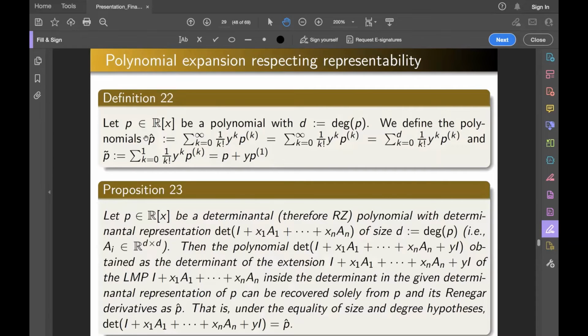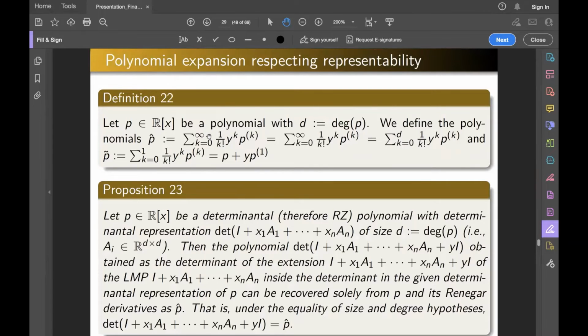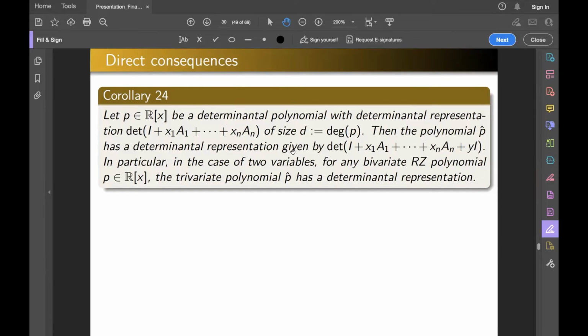So we have the following: if a polynomial p has a determinantal representation of some size d, and d can always be chosen to be the degree of p, then the new polynomial, the polynomial p hat, which is the long one, has also a determinantal representation.